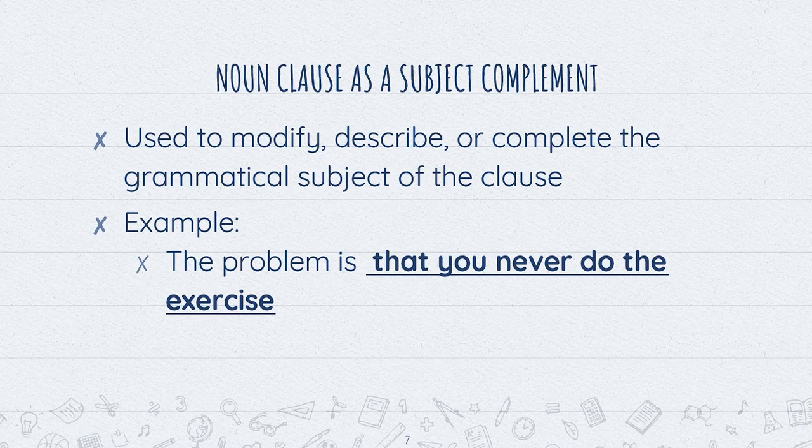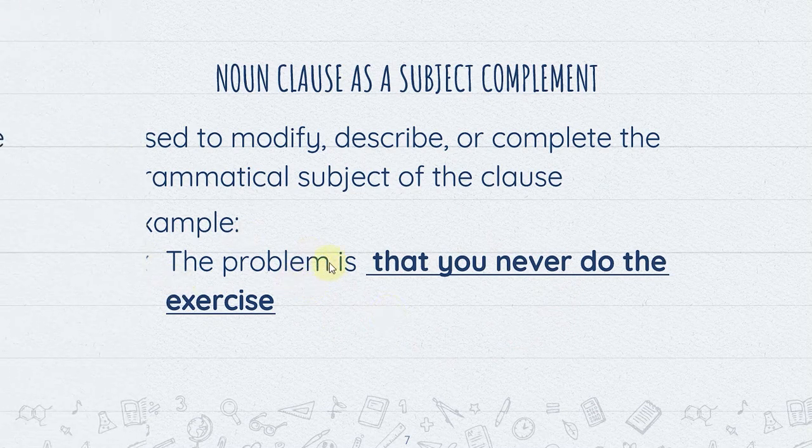You can see in the example, the problem is that you never do the exercise. The noun clause is that you never do the exercise. The position of this noun clause is actually to explain about problem.